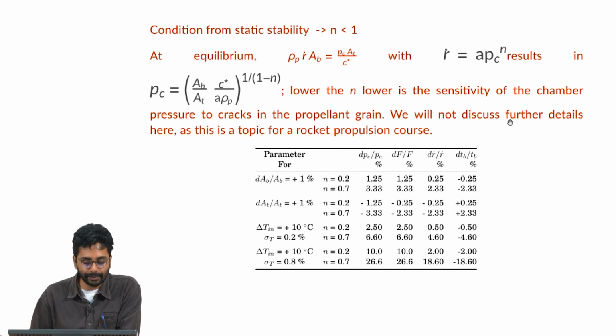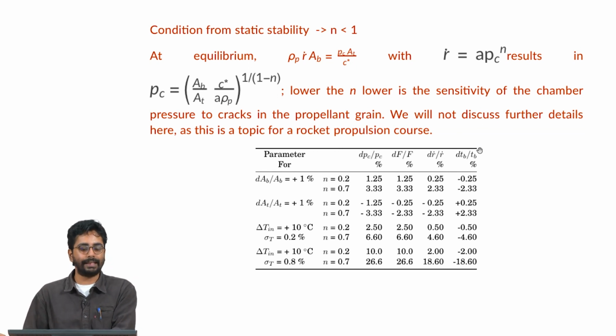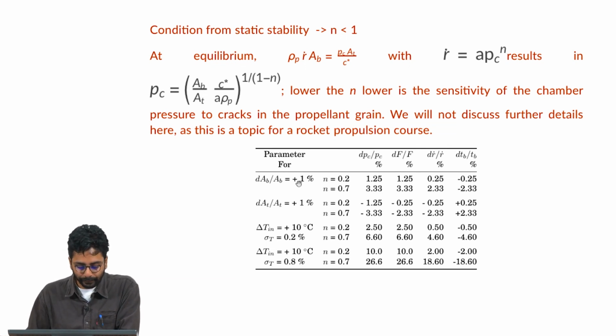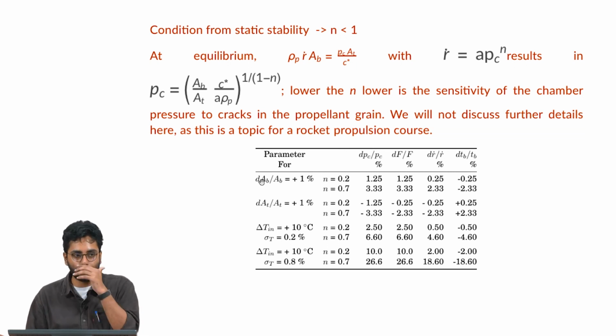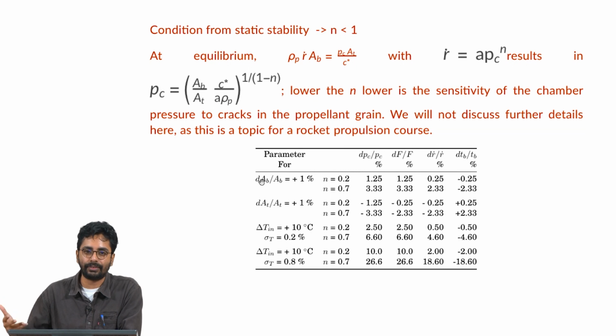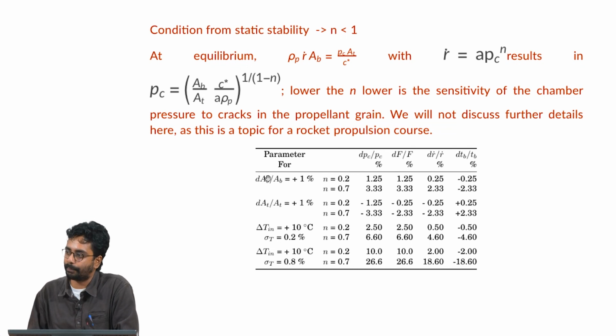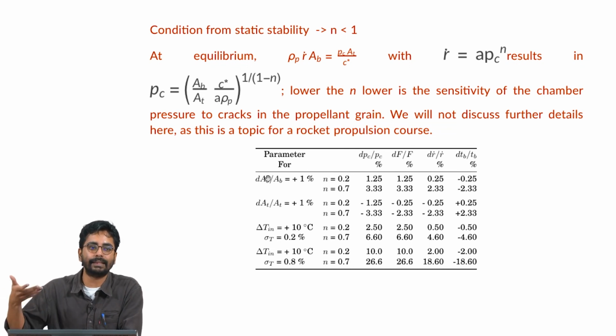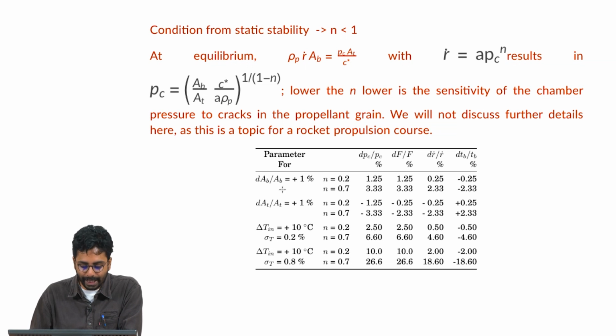There are several reasons for that, but the most important reason, as you can see from the table, is this. For an n value of 0.2, if there is some process that causes an abrupt change in the area of the burning surface, for example cracks in the propellant which can create a perturbation in the burning surface area, this will lead to a differential change in pressure of 1.25 times, and the corresponding percentage change in thrust is a factor of 1.25.